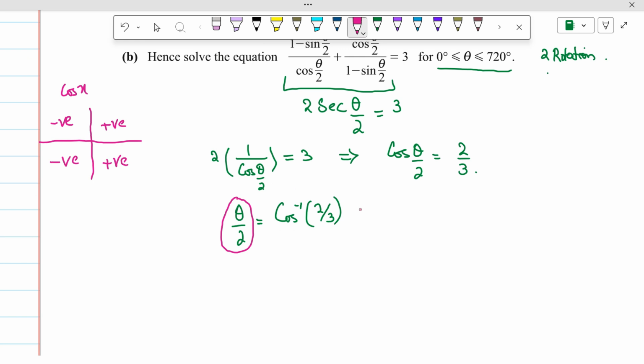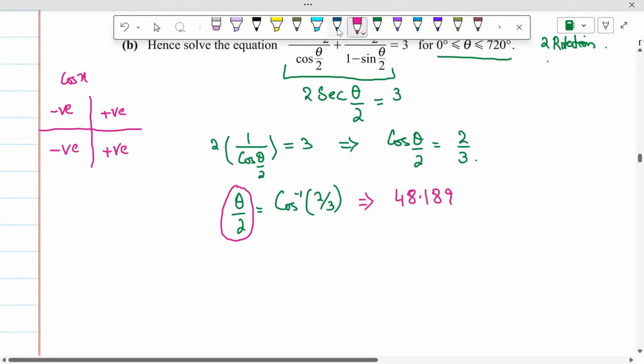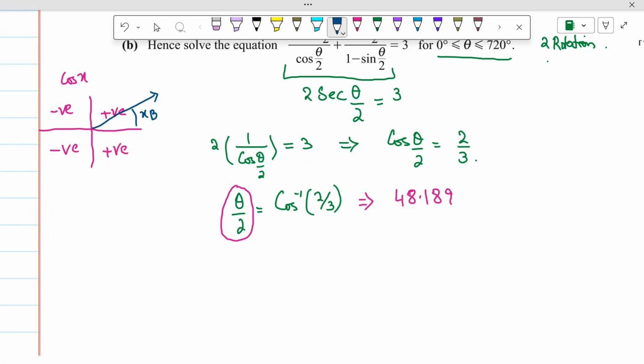Okay, so when we use the calculator, cos inverse of 2 by 3 is equal to 48.189. Okay, this is the angle in the first quadrant, and we call it the base angle. The same value of 2 by 3 can be achieved in the fourth quadrant by subtracting the base angle from 360.